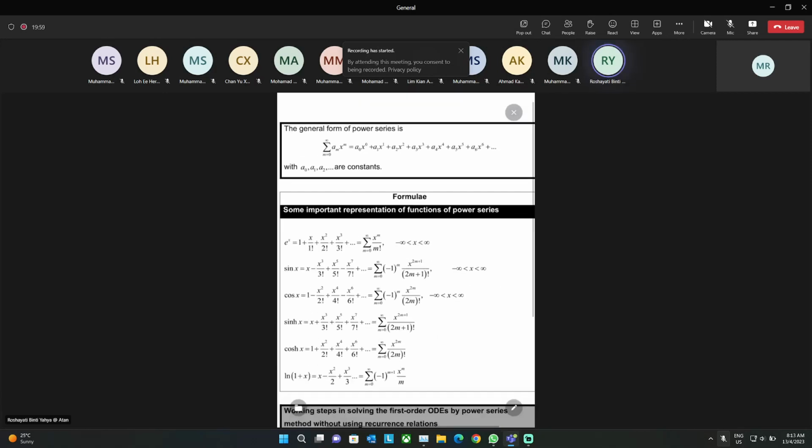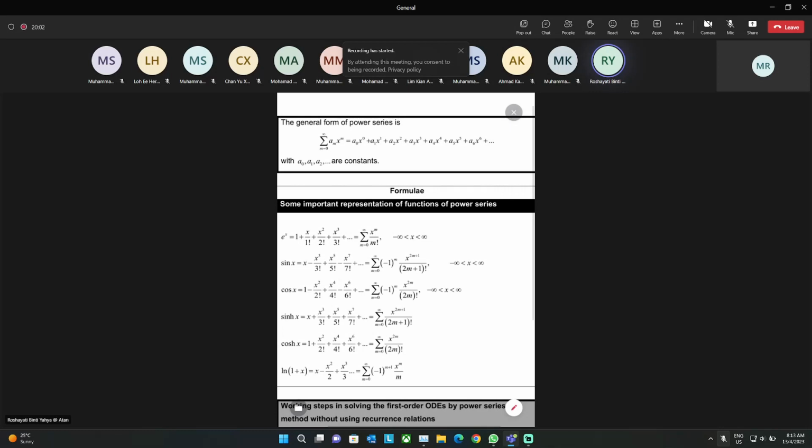Okay. So here are some important representations of functions as power series.